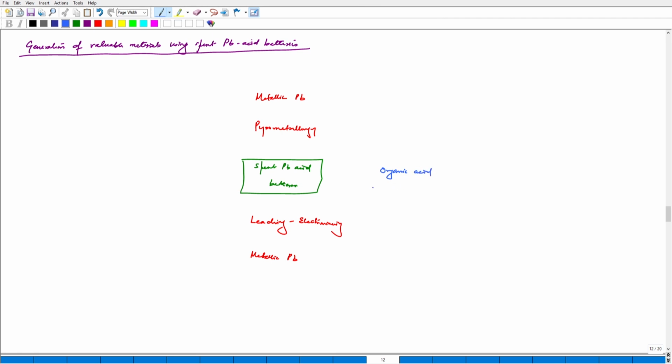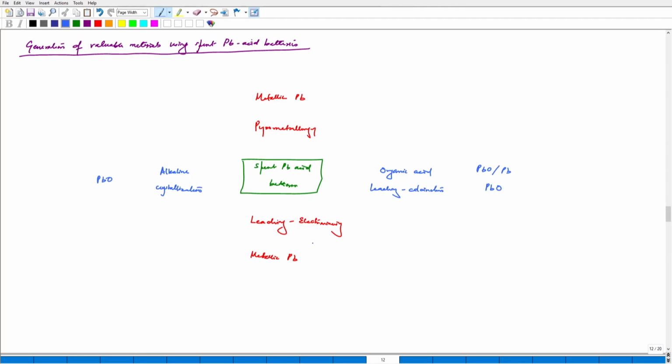If we have organic acid leaching and calcination, we will have Pb or PbO, these types of products. Similarly, if we have an alkaline system and crystallization, then we can get PbO.